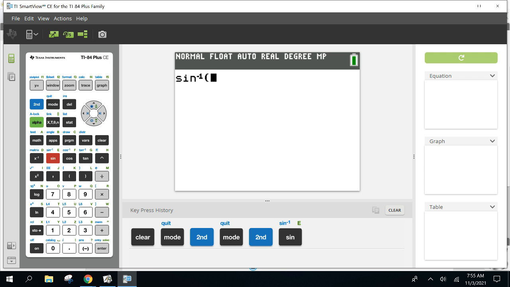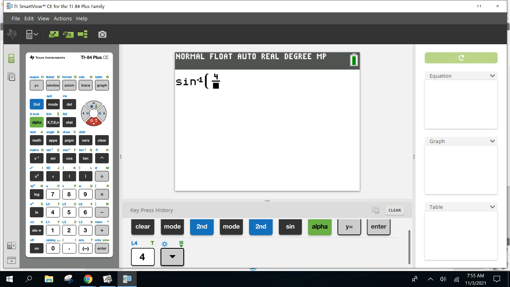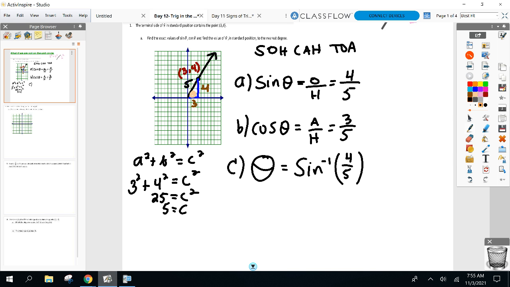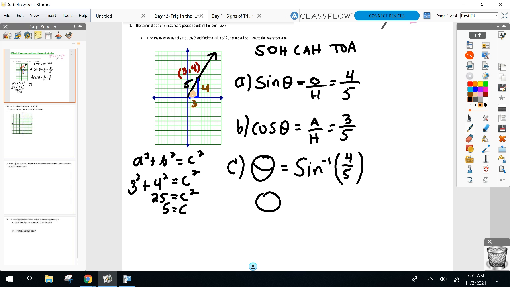Second sine, 4/5. And I believe there's rounding directions too. Yep, there's rounding directions. It says to the nearest degree. So nearest degree, 53 degrees. So that angle's 53 degrees. And if you use cosine instead, it would have been 53 degrees.